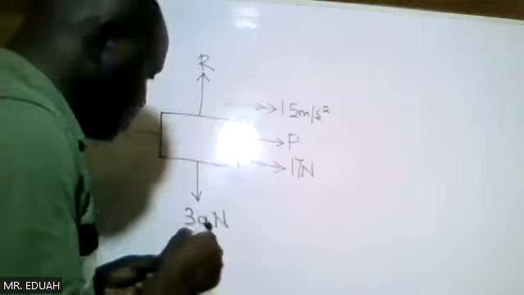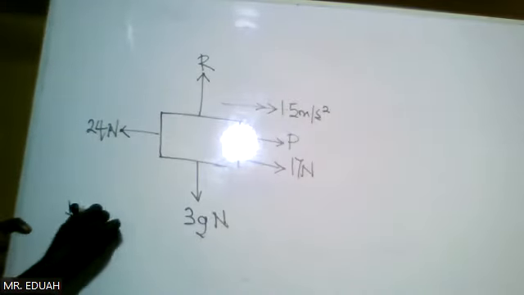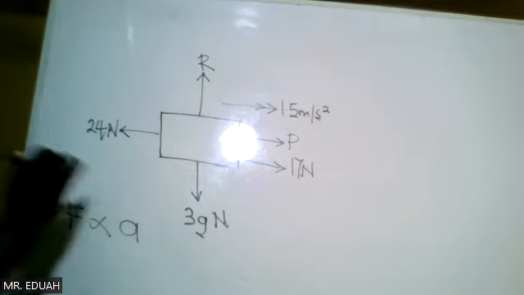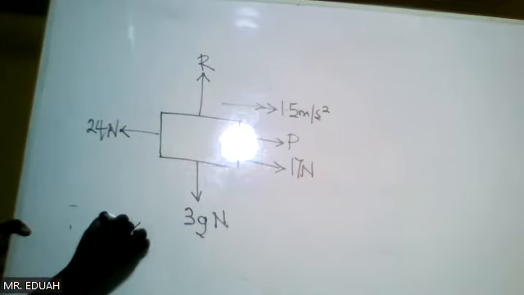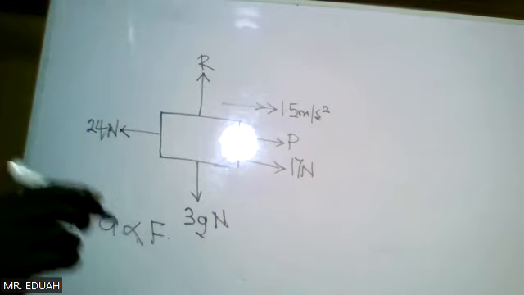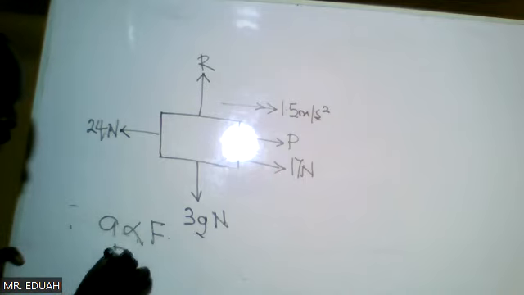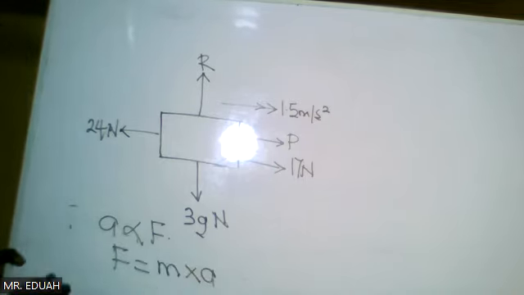The second law of motion is that F is directly proportional to the acceleration, or acceleration is directly proportional to F. And that's how we realize that every force can be measured by its mass times acceleration.